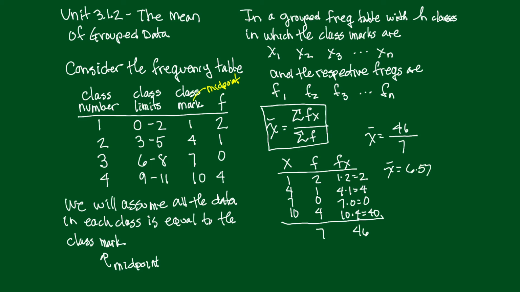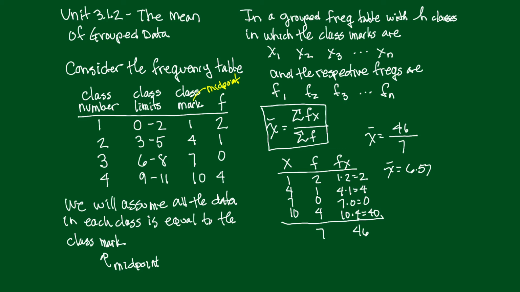But I'm going to round off. Remember how to round? Look at your original data. We don't really know what numbers those are, but I'm going to assume that everything is the class mark. This is accurate to the ones place. So I'm going to round off to 1 place more, 1 decimal place. So I'm going to round off to that 5.